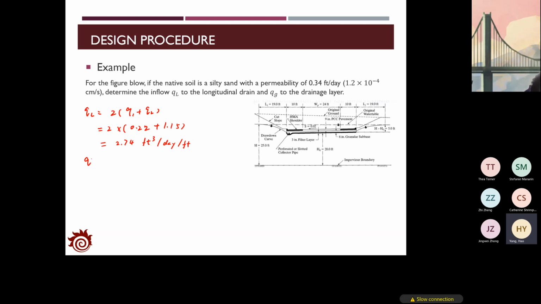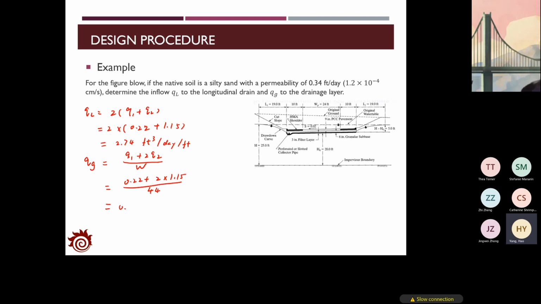And QG will be Q1 plus 2 times Q2 divided by W, that will be the width of the road. So we have the value as 0.22 plus 2 times 1.15 divided by 44.